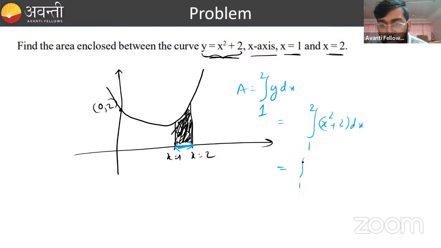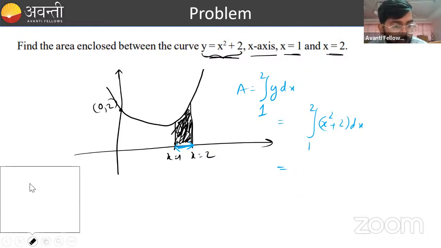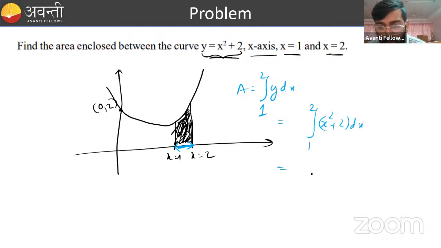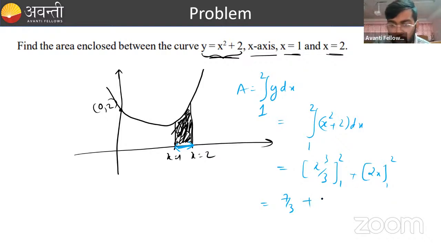We already know the integration of x squared plus 2. I'll write the integration of x squared first. Integration of x squared is x cubed by 3 from 1 to 2, plus integration of 2 is 2x from 1 to 2. So this becomes 8 by 3 minus 1 by 3, which comes out to be 7 by 3, plus 2 times (2 minus 1).